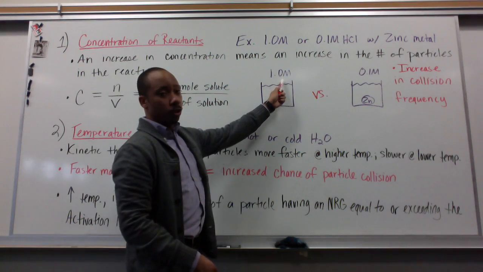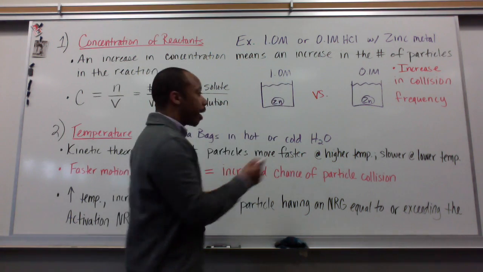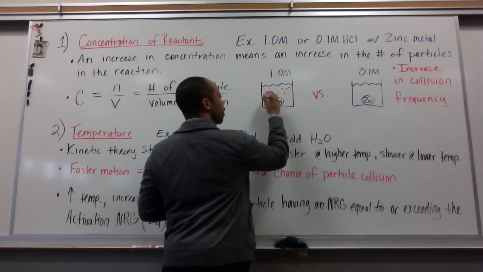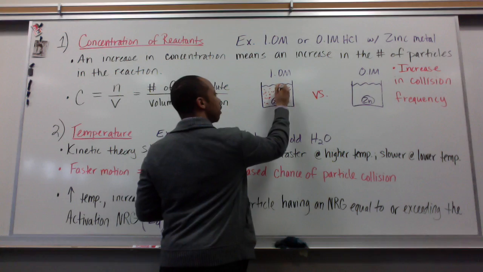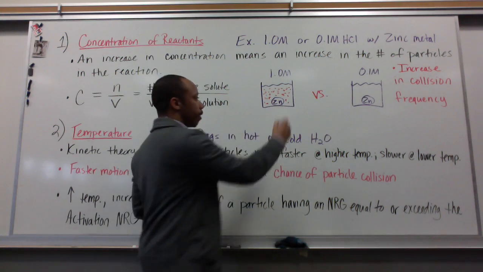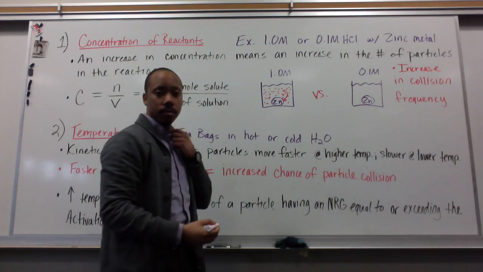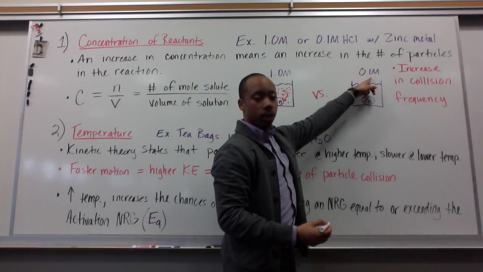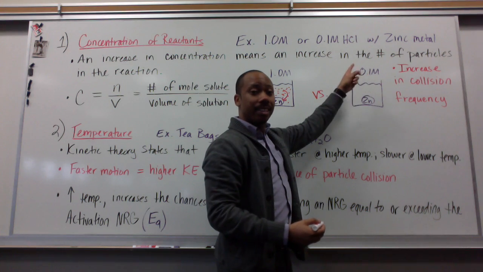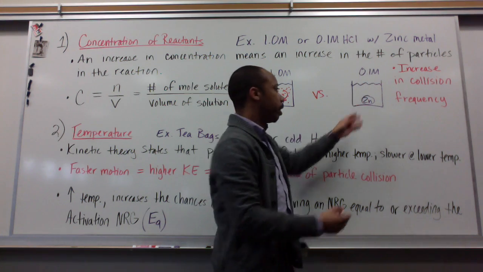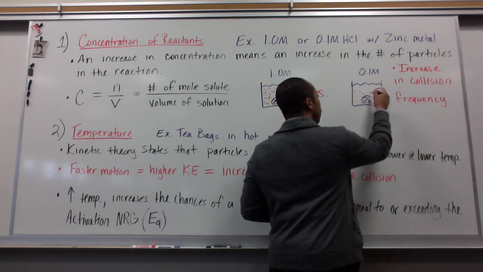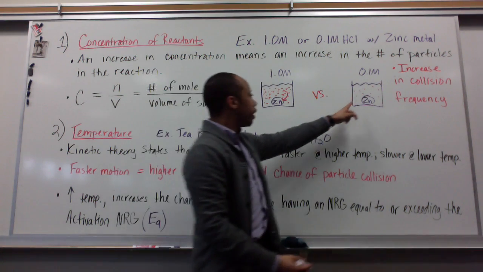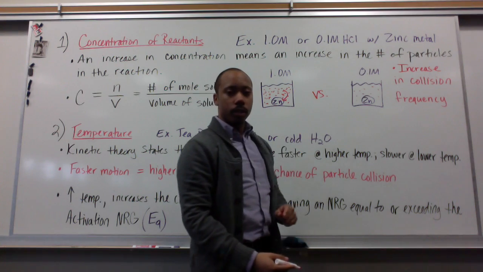The 1 molar solution, the more concentrated solution, had more particles, more moles of particles to react with the zinc. This 0.1 molar solution had 10 times less particles to interact with the zinc. So, still particles there, but not nearly as many as the 1 molar.